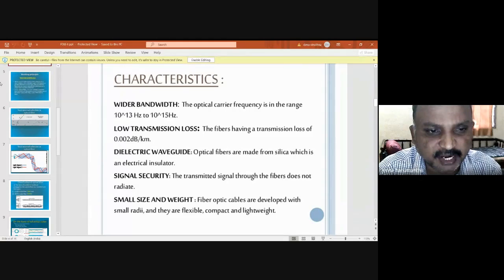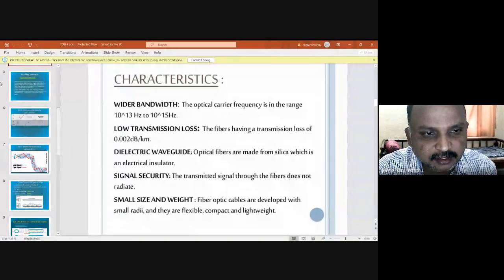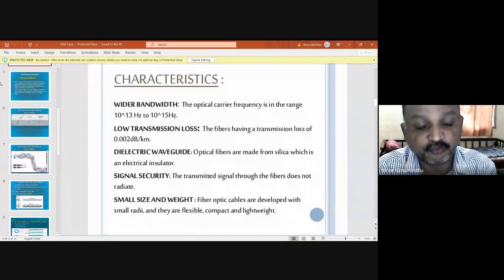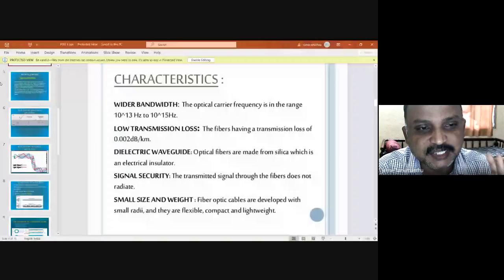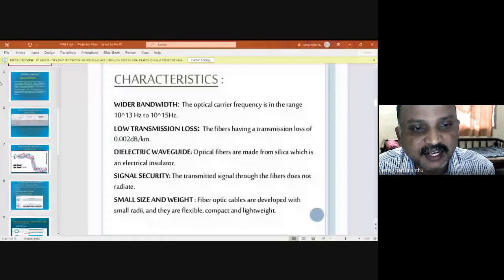The transmitter will give some light. That light enters the fiber cable, into the core. But when the light enters the core, the light should stay within the core. How is it possible for the fiber to keep the light within the core? Because of dielectric characteristics.